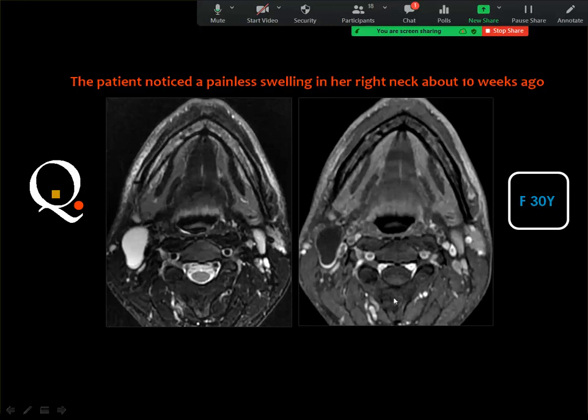Then this is MRI of a patient presenting with painless swelling in her neck 10 weeks ago. This is T2 weighted image, and this is T1 post contrast fat set.